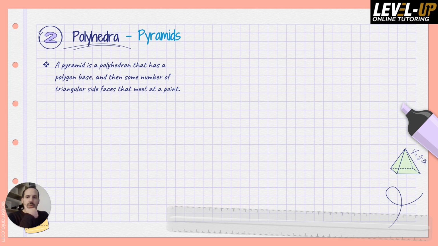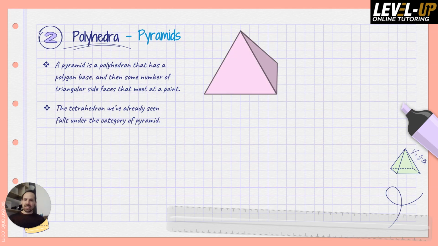A pyramid is a polyhedron that has a polygon base and then some number of triangular faces connected to each side of that base that would then come up to a point. We've seen one example already, the tetrahedron, which you could also refer to as a triangular based pyramid. Because you see here the base is a triangle and then you've got a series of other triangles coming up to a point.